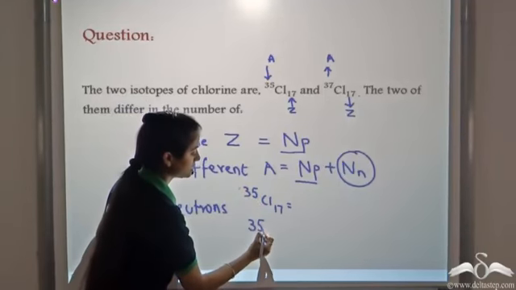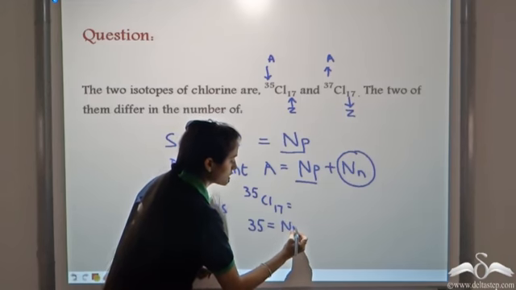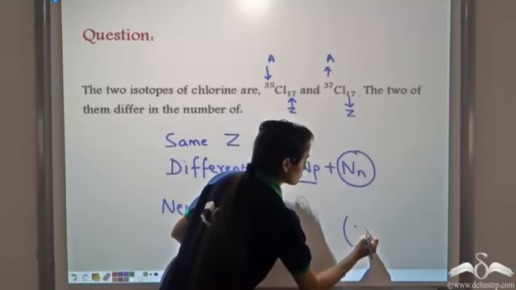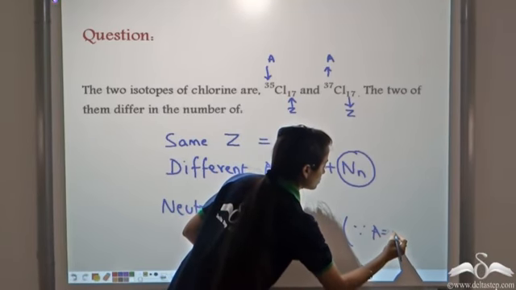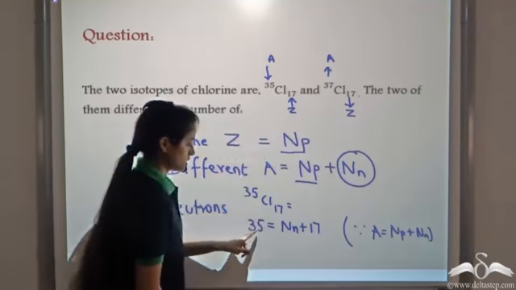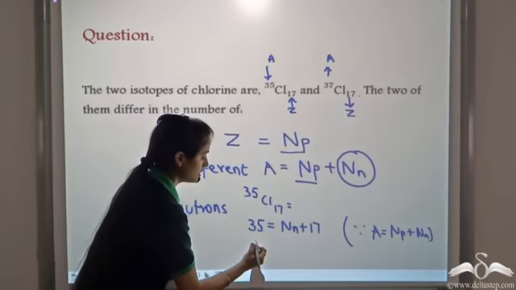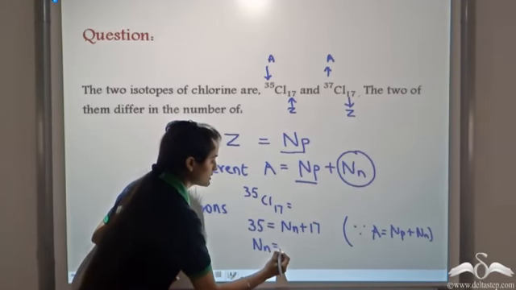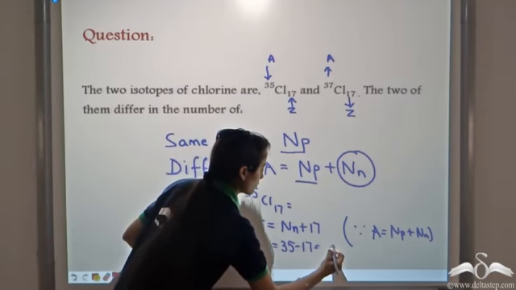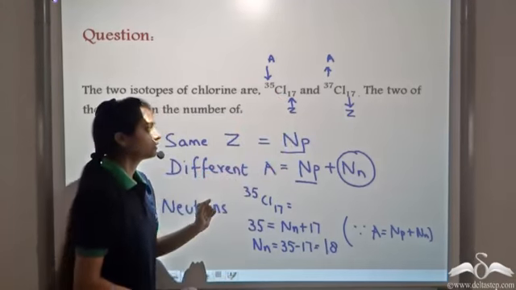So for this element, we get the number of neutrons plus 17. This comes from mass number equal to number of protons plus number of neutrons. So we get 35 equal to the number of neutrons plus the number of protons, which is 17. So for the first one, we get 18 neutrons. So this isotope has 18 neutrons.